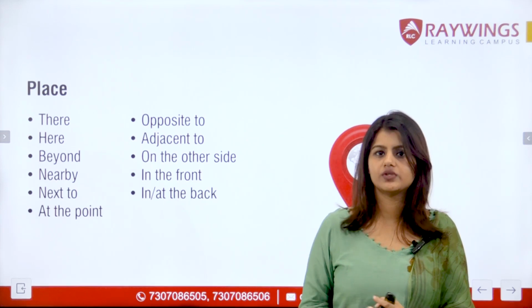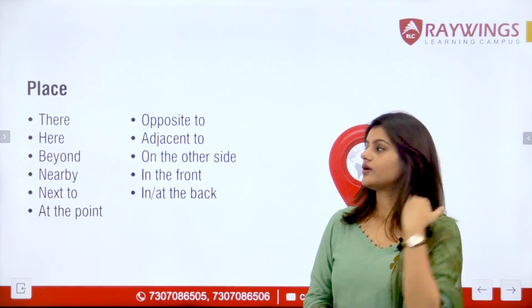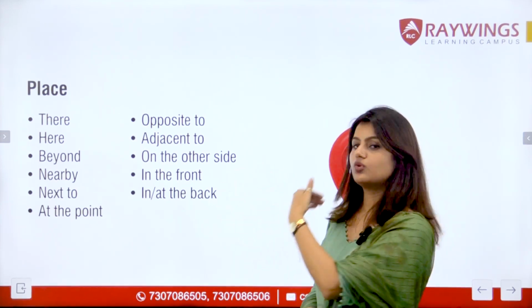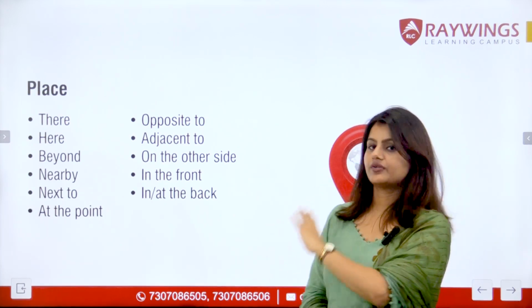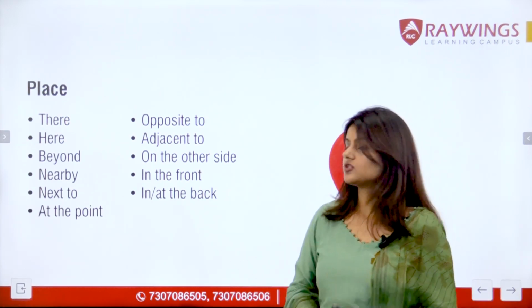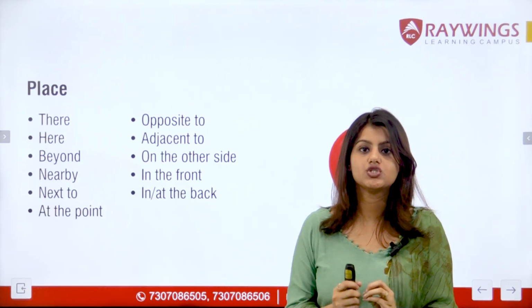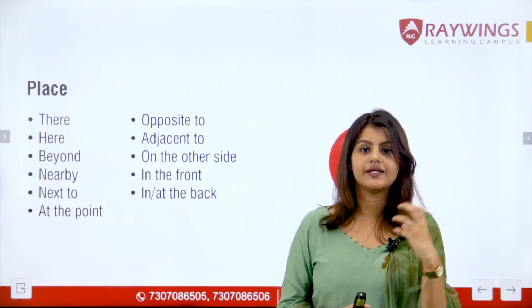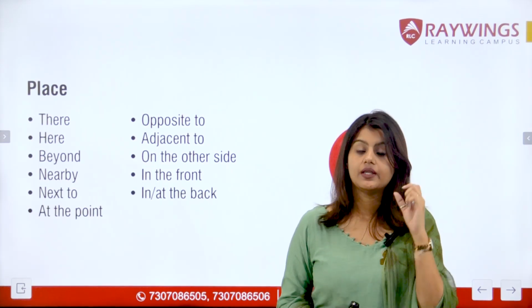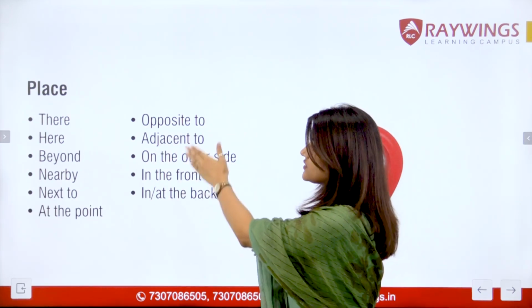So these are very common words. I think you must have heard them. So opposite to, adjacent to, on the other side, in the front, or at the back. So whenever you want to mention a location of something, the exact place of something or someone, then you can use these transition words.